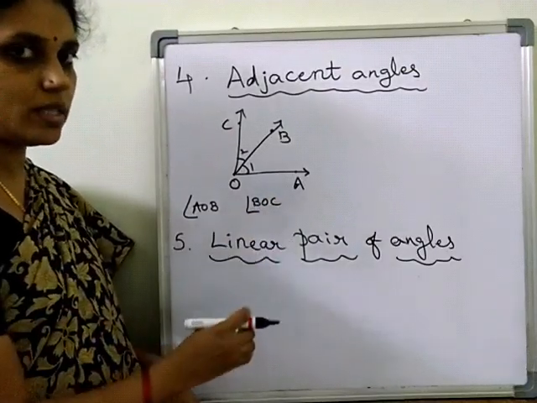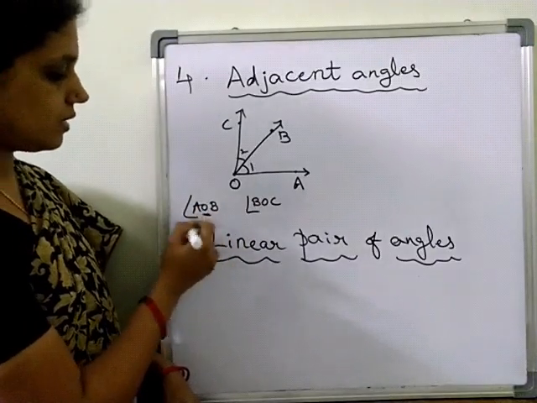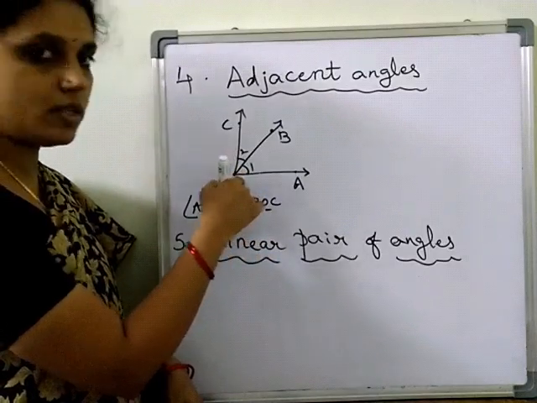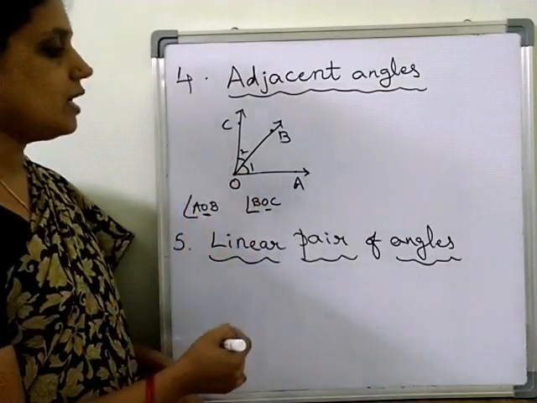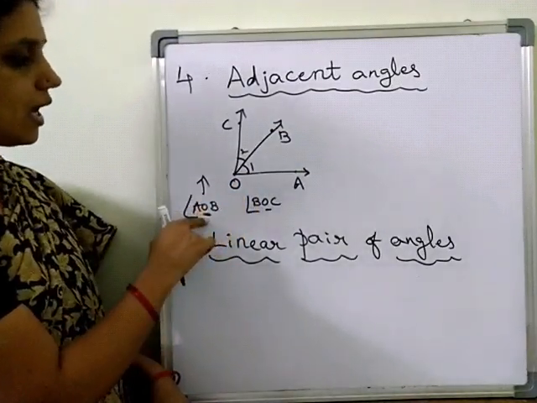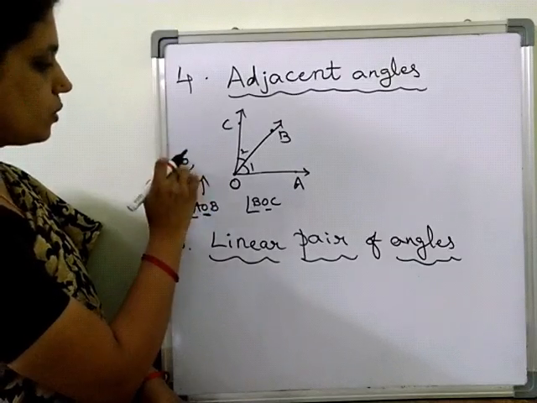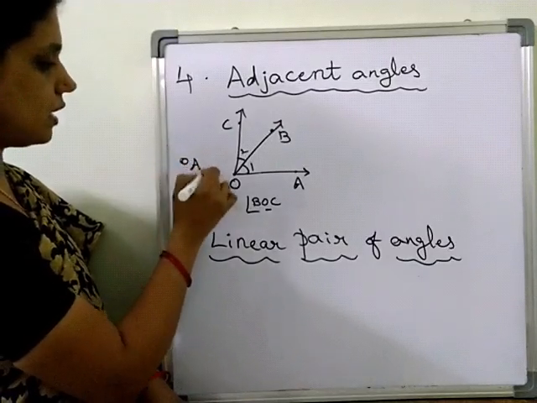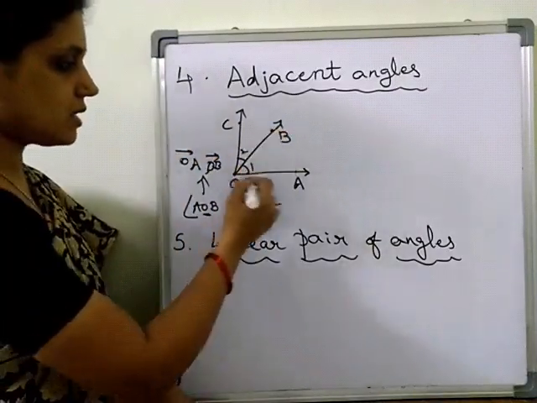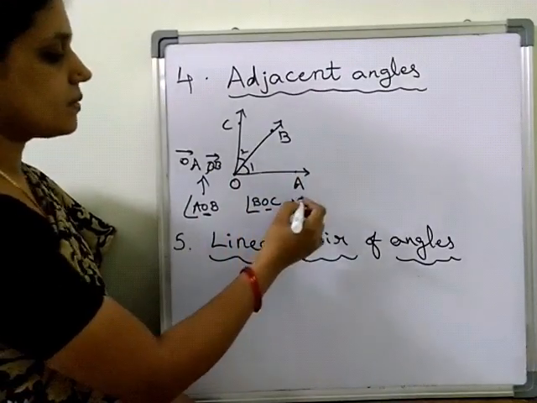Okay. So now these two angles are called adjacent. I am telling how it is. They have the common vertex, meaning here the vertex is O and here also the vertex is O. So they have the common vertex O and one common arm. Actually here, what are the arms in angle AOB? AO, otherwise OA, ray and OB. Okay, these two are the arms in this angle 1. Now angle BOC, what are the arms?